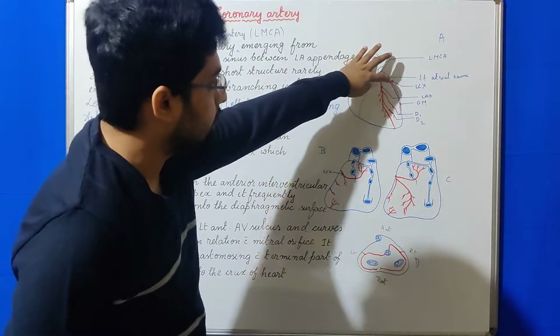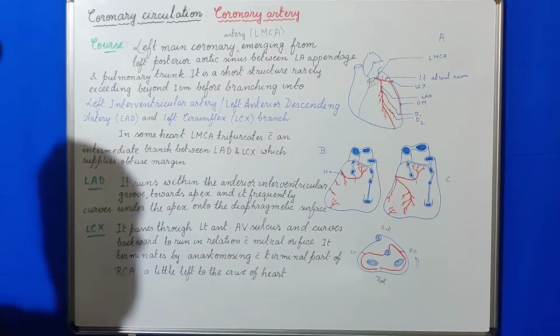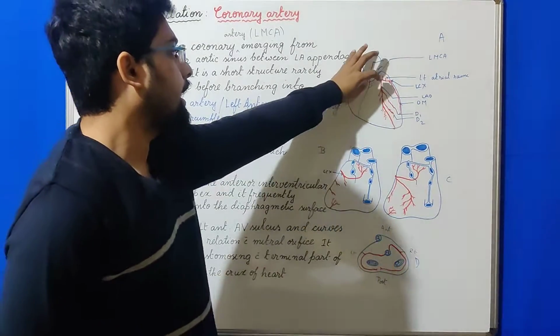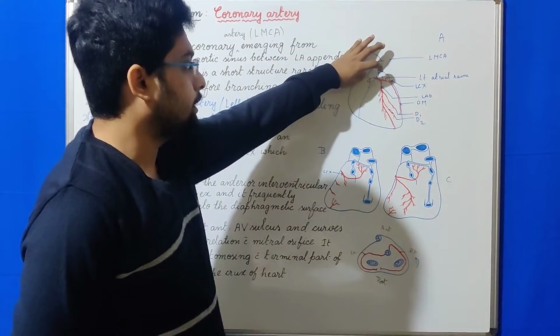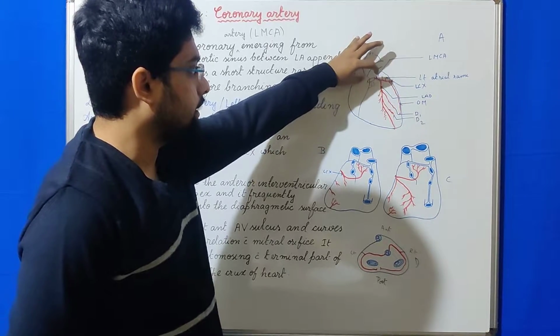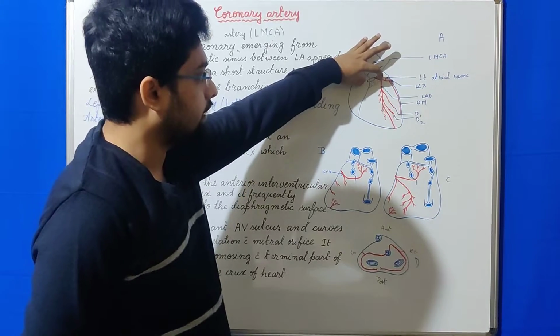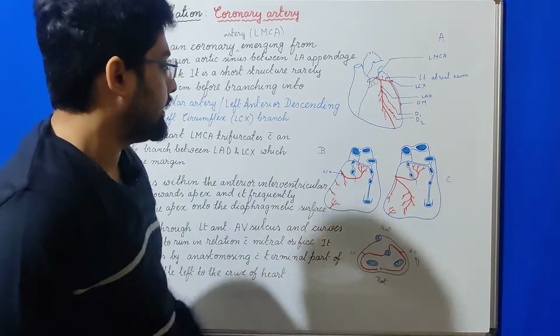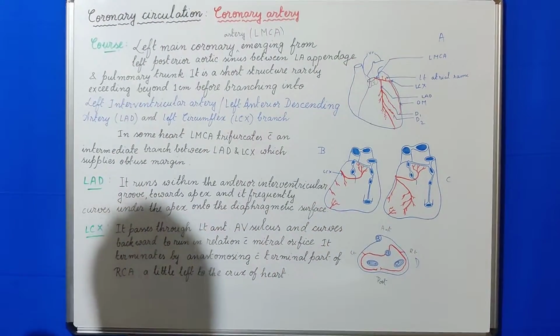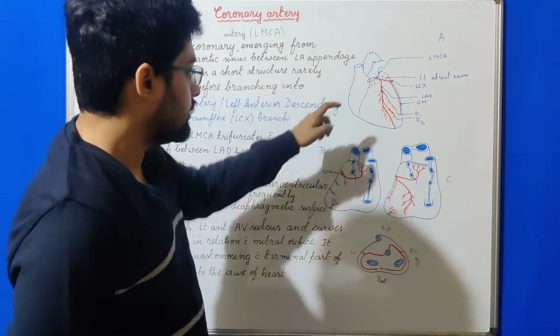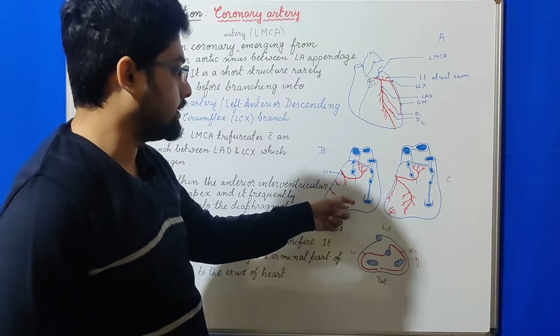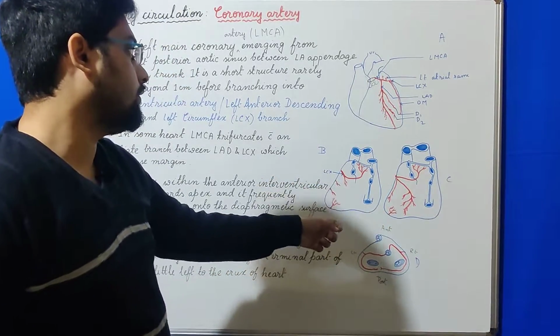So the left circumflex branch runs through the left anterior AV groove, that is the groove between the left atrium and left ventricle anteriorly. So it is running through the left anterior AV groove and curves backward to its back surface. This is the posterior view of the heart.